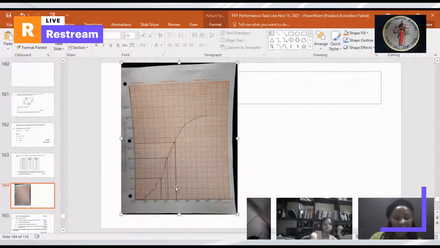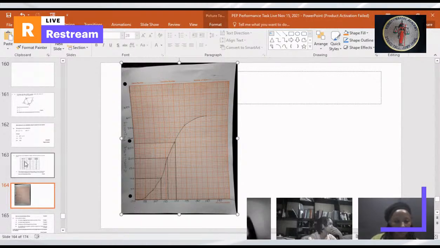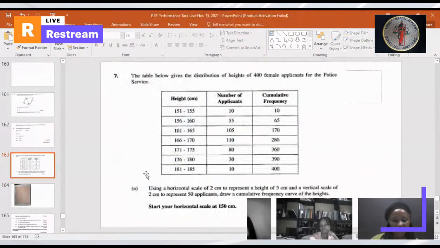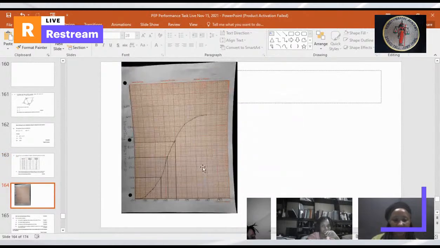So the scale is 2 centimeters to 50 applicants on the vertical, and 2 centimeters to represent a height of 5 centimeters on the horizontal. Yes, that was the scale that was used.